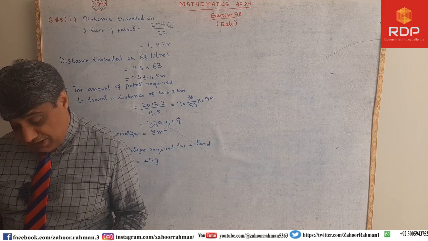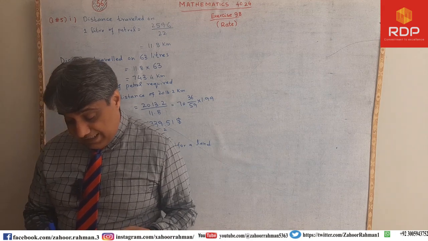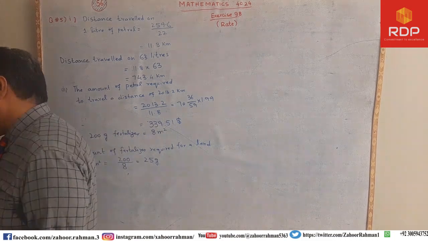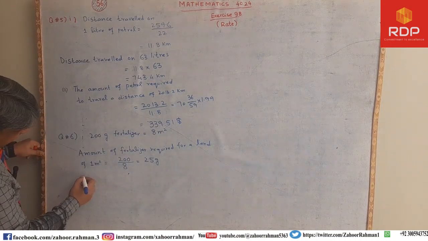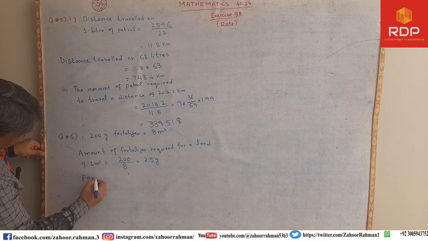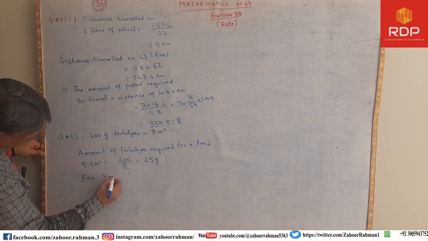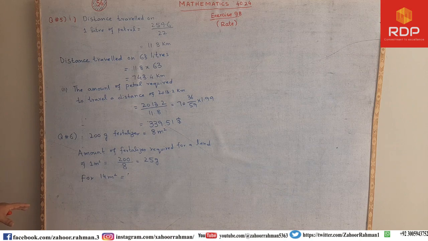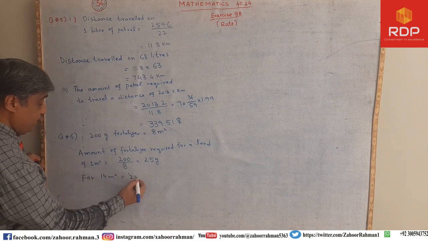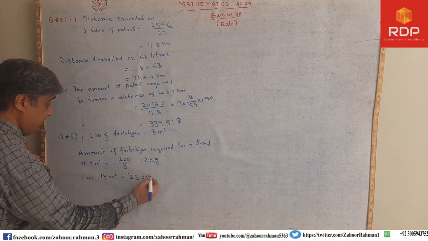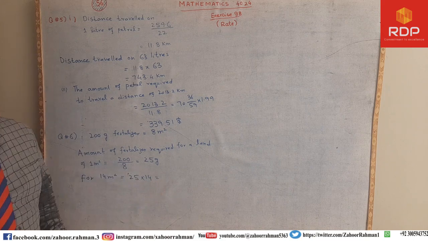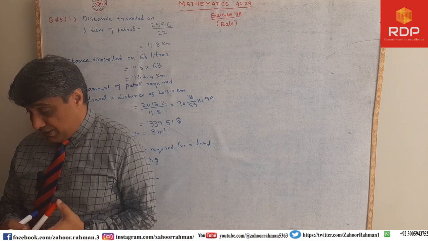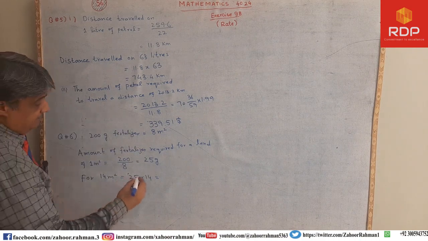because they want us to find the amount of fertilizer needed for a plot of land that has an area of 14. So for 14 meters square, the amount of fertilizer required is 25 multiplied by 14, and that comes out to be 350 gram.